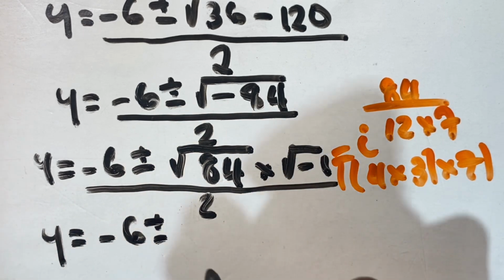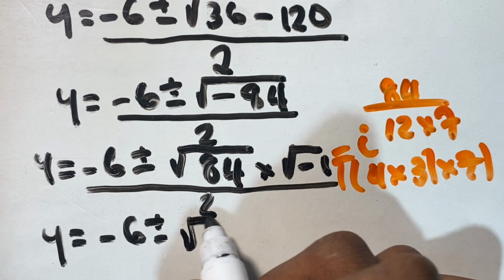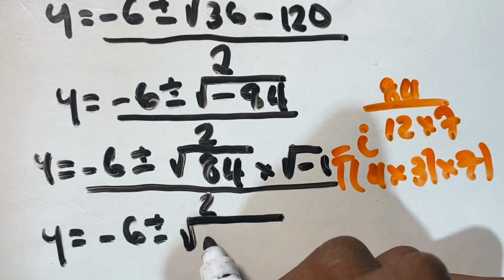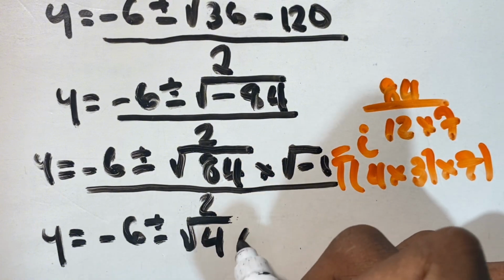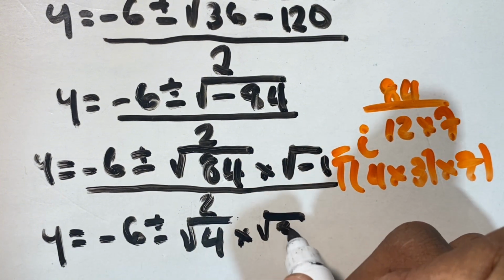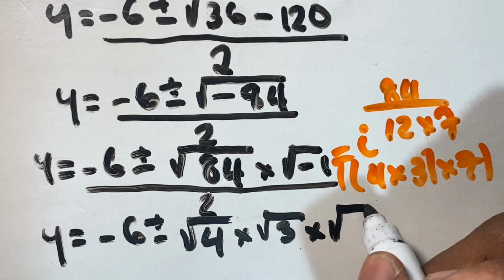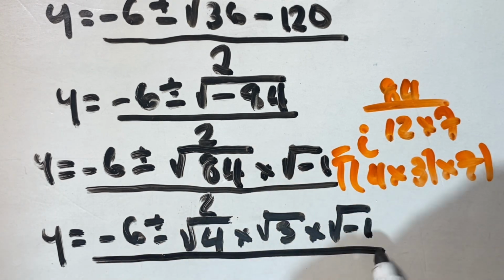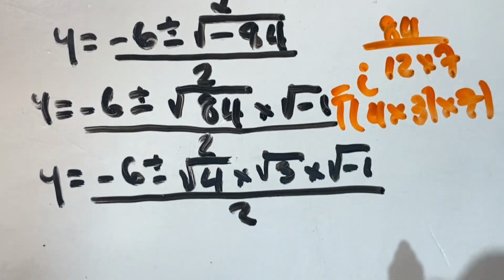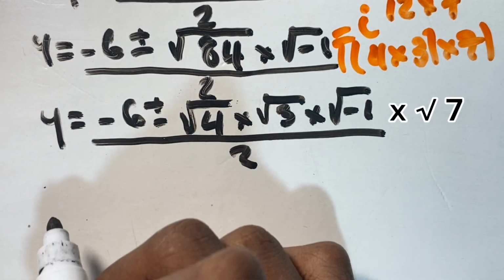So then we would have y is equal to negative 6 plus or minus the square root of 4 times the square root of 3 times the square root of 7 times the square root of negative 1. So I made a little error right there, it should be times the square root of 7 as well.